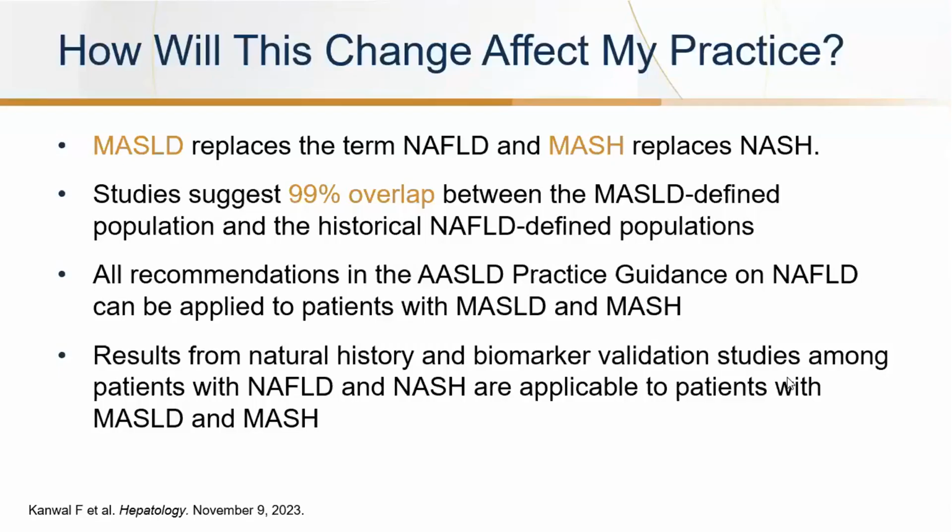So we're getting rid of the alcoholic, and we're getting rid of the fatty in the name to be more descriptive. Essentially they are interchangeable, but the new nomenclature is, in my opinion, just a better change. It still uses the same natural history and the same biomarkers. So just an update on the names.